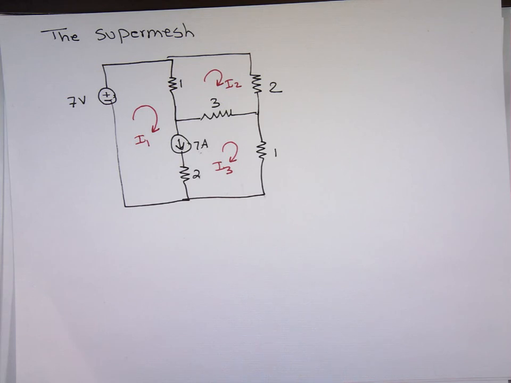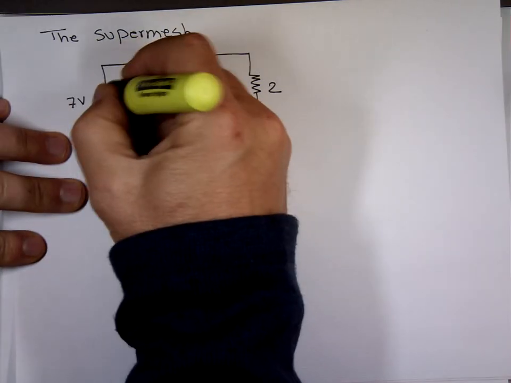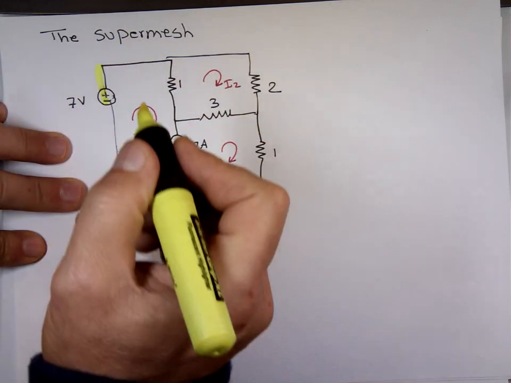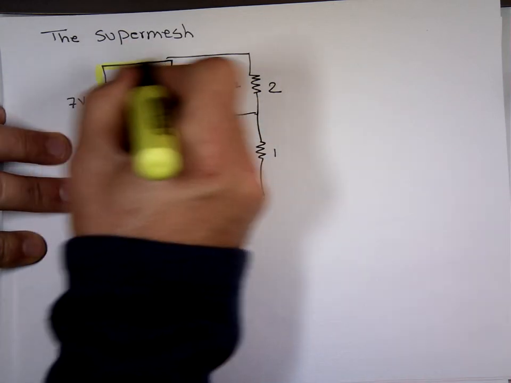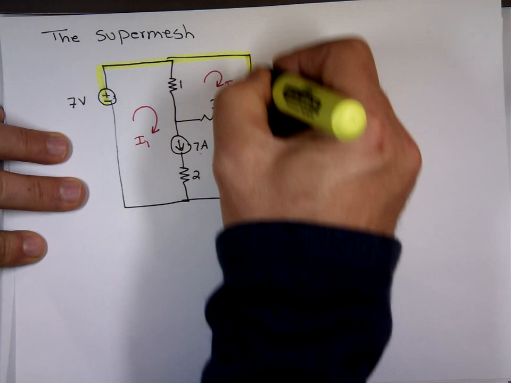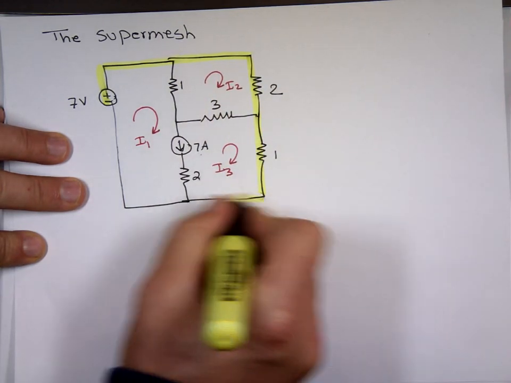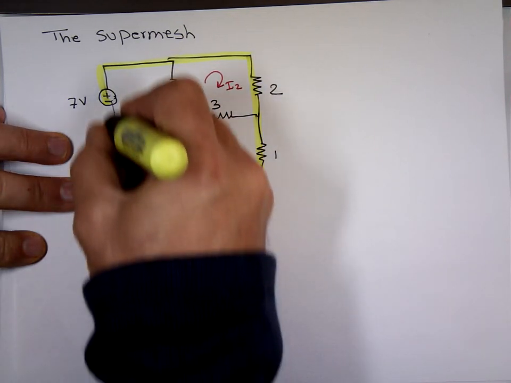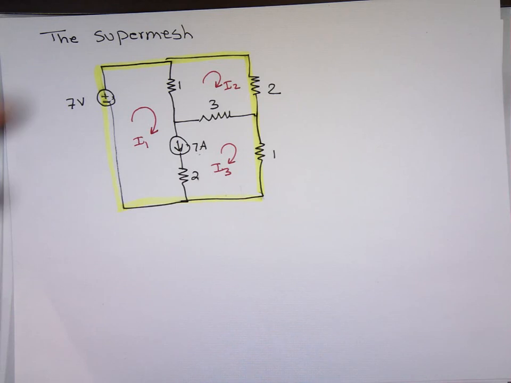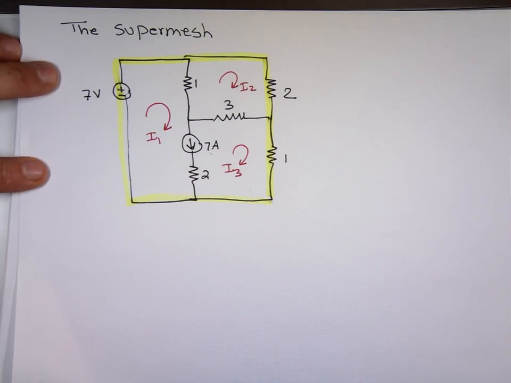Let's see if you can see it. There's an orange one. So I can travel this way. Can you see it? Does it show up on the screen? The yellow? I can travel this way, on the outside.